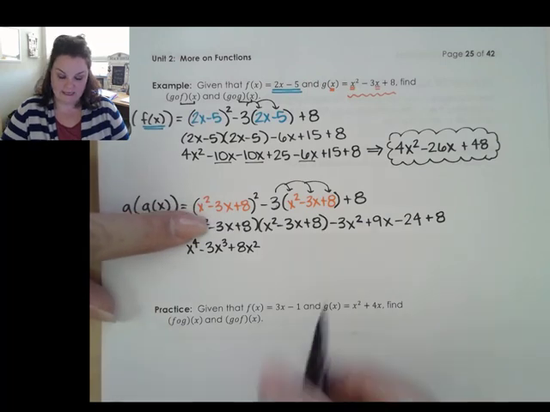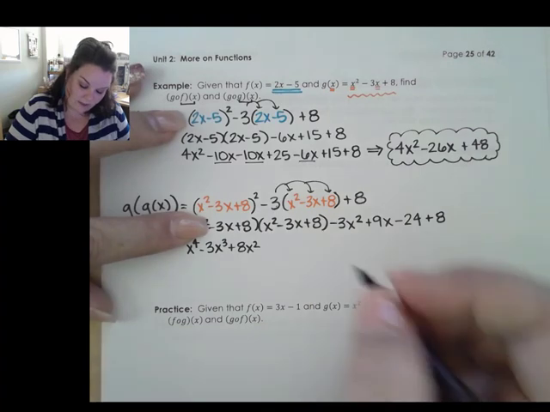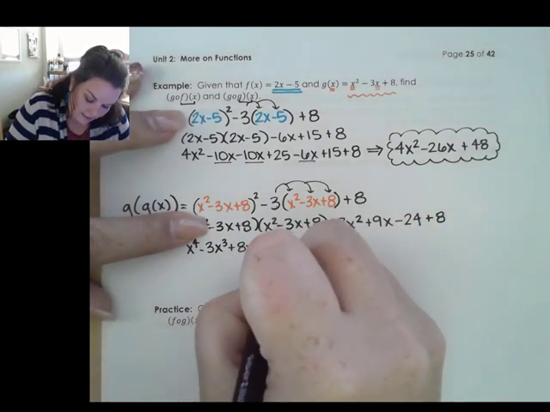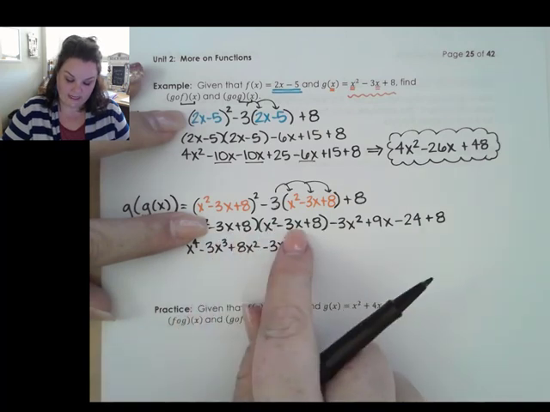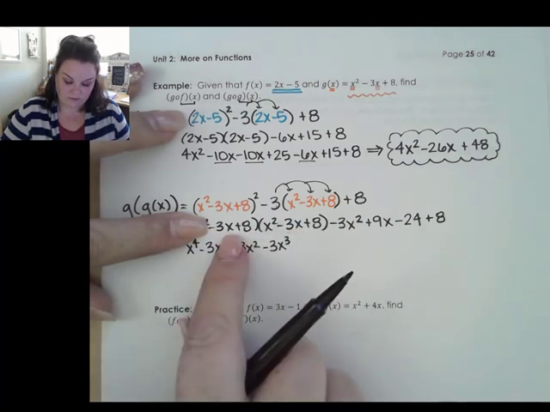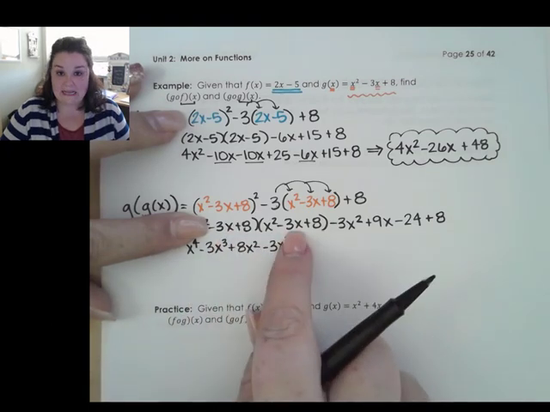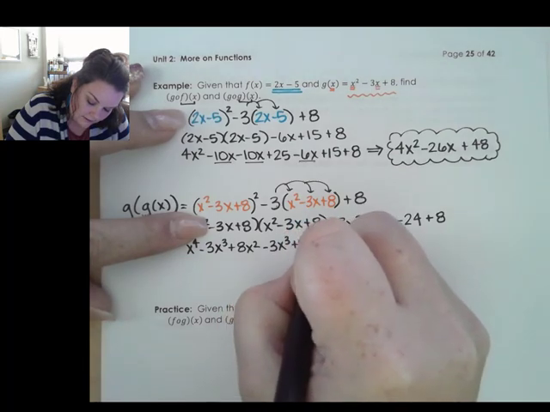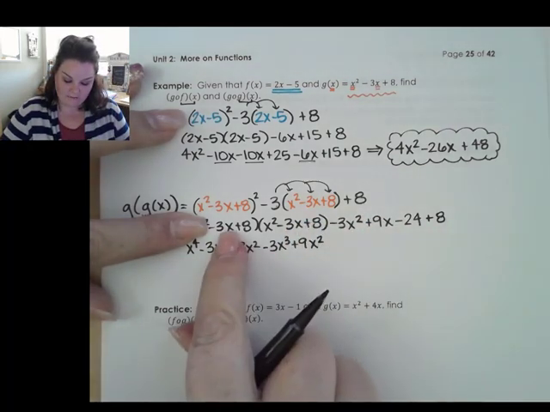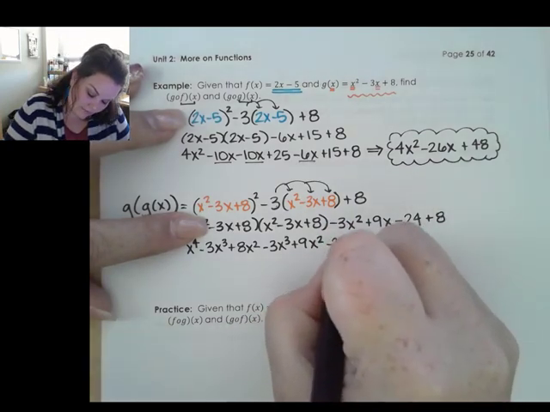Now I'm going to move on to the negative 3x. Negative 3x times x squared is negative 3x cubed. Negative 3x times negative 3x is a positive 9x squared. Negative 3x times 8 is a negative 24x.